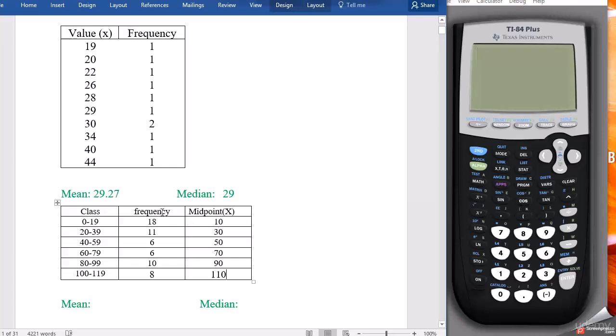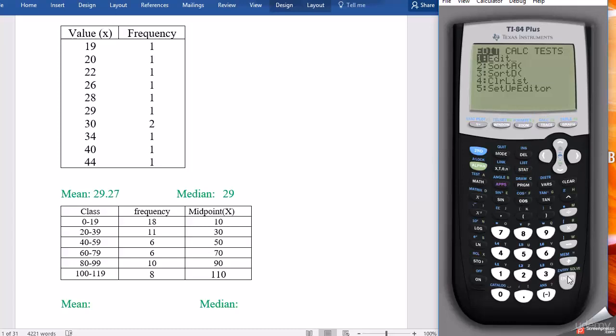Okay, so now we're going to use these two columns, the frequency column and the midpoint column, for our TI-84. So we're going to go there, go to start, enter. So you can see that the frequencies are in L1 and L2 should contain the midpoints.